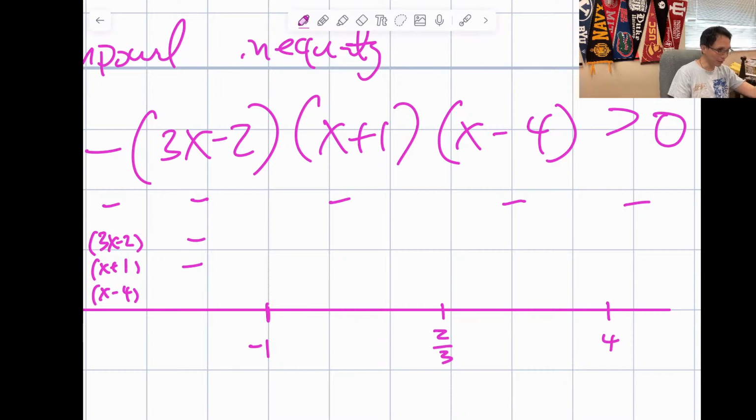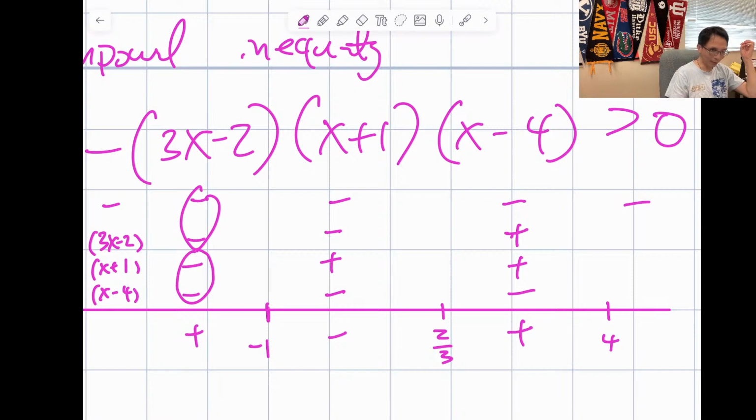If I plug in -2 for 3x, it'll be -6 minus 2, so it'll be negative. -2 plus 1 is negative. -2 minus 4 is negative. If you have two negative signs, that's positive. Between -1 and 2/3, what's the best number to plug in? 0. So I'm going to get negative, positive, negative, so it's going to be negative. Between 2/3 and 4, I'm going to plug in, let's say, 1. It's going to be positive, positive, negative, so it's going to be positive.